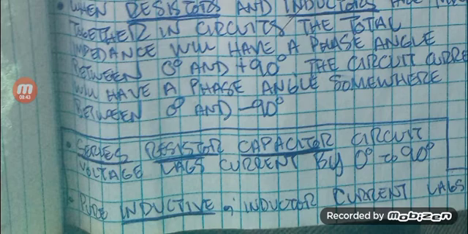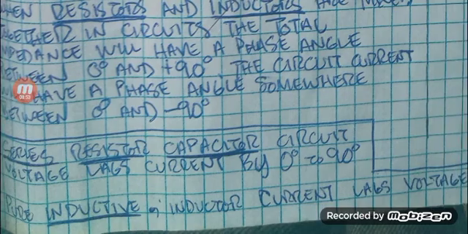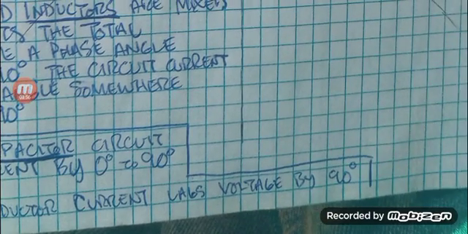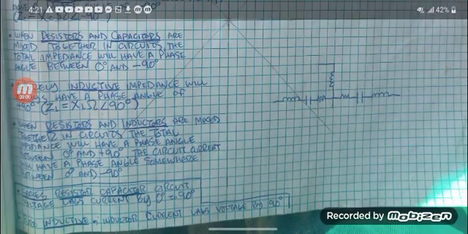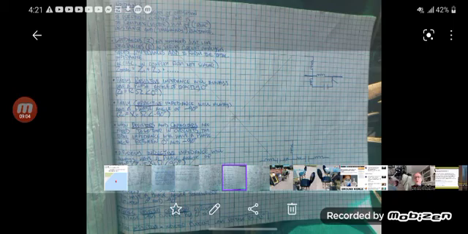In a series resistor-capacitor circuit, voltages lag by 0 to 90 degrees. In a pure inductor, current lags voltage by 90 degrees, and that's important to understand too. And those pictures don't really mean anything.